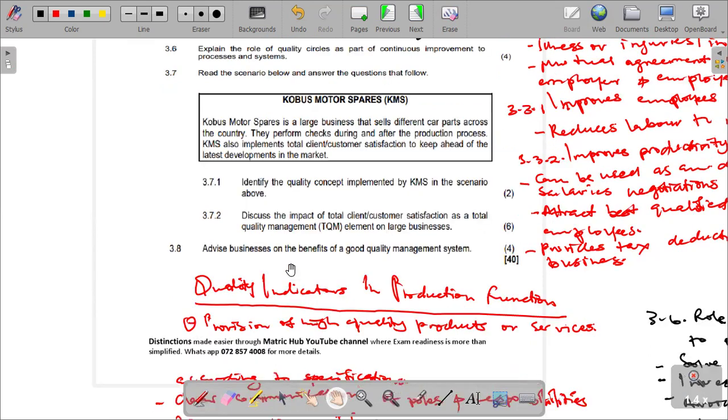Question 3.7.1, identify the quality concept implemented by KSM in the scenario.